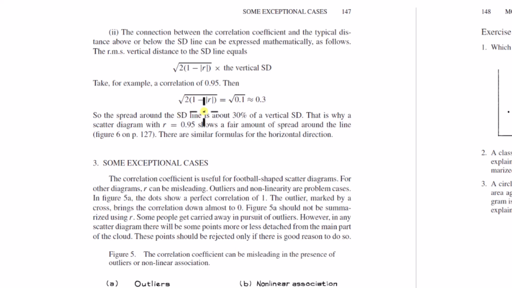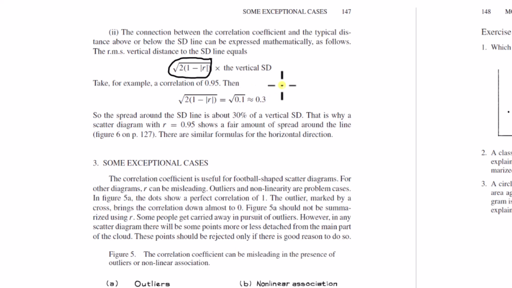Then here's the correlation coefficient, and they're calculating this here. And so it says the spread around the SD line is about 30% of the vertical standard deviation. That is why a scatter diagram with R equal to 0.95 shows a fair amount of spread around the line. Right, so the RMS is 30% of the vertical standard deviation.